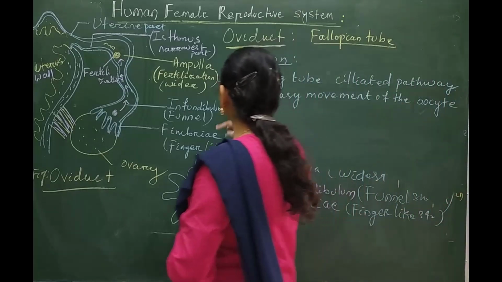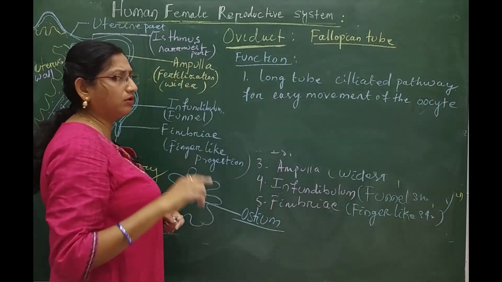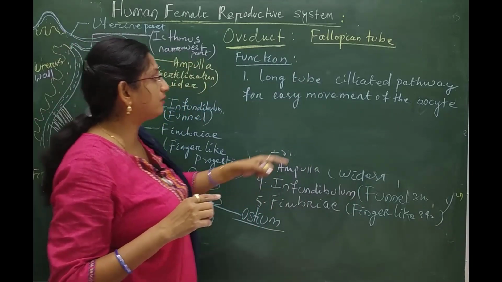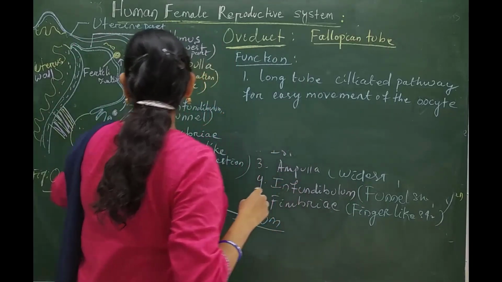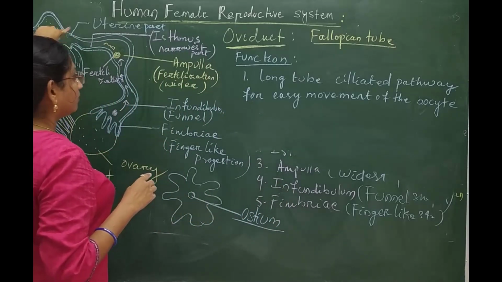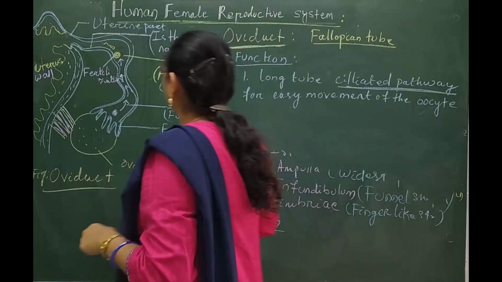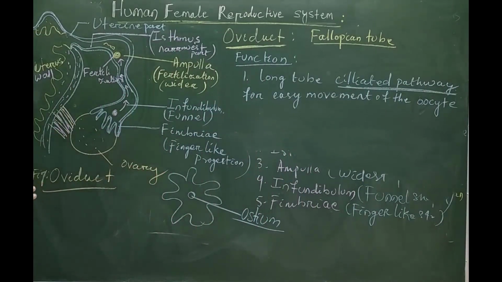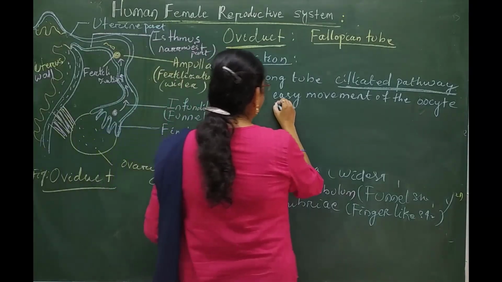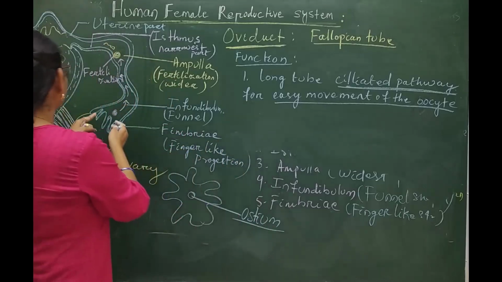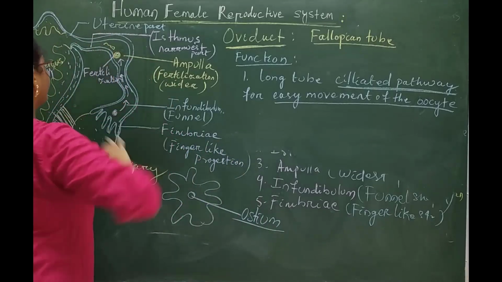That means the first function is to communicate the oocyte from the ovary up to the uterine wall with the help of this ciliated pathway. The pathway consists of numerous cilia which make the proper movement of the oocyte throughout the structure of the oviduct.